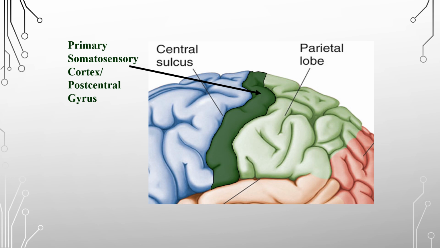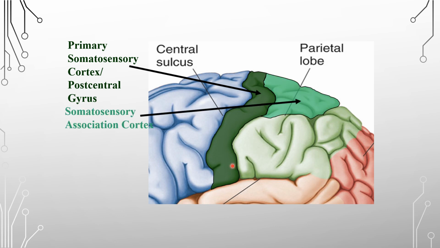So this is the primary somatosensory area. This is the central sulcus, and this is the primary somatosensory cortex or postcentral gyrus. This is the somatosensory association area 5 and 7, and this is the primary gustatory cortex.